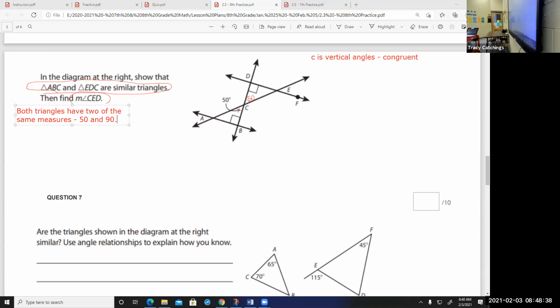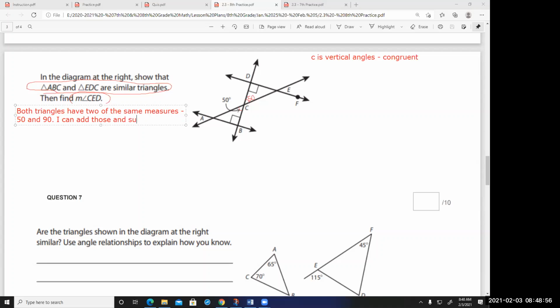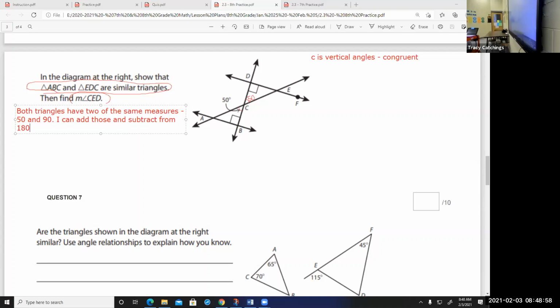So what else does that tell me? That whatever A is gonna equal the same thing as E. Good job. So after I add those, I can subtract from 180, and that will tell me that the measure of angle A and the measure of angle E will be the same because they both have two of the same measures. So that means their third angle will also be the same.